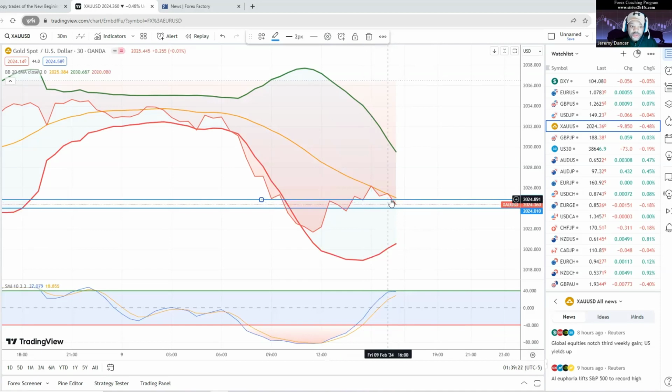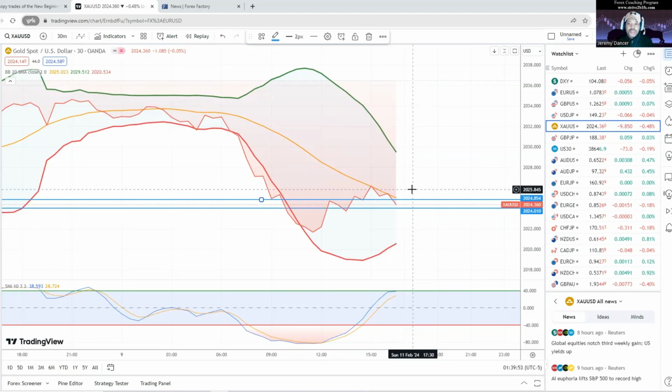So usually what happens when you have a change of character is the price forms a new low in this situation, and then you have a pullback. So what could happen is when the market opens on Sunday, maybe it drops back down to this support zone, and then it's going to shoot up probably somewhere around 2025, and then it's going to have this massive drop.